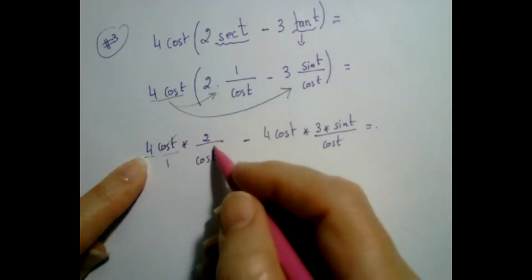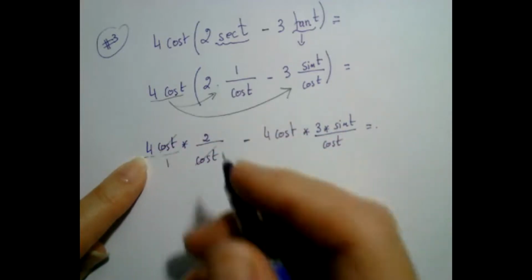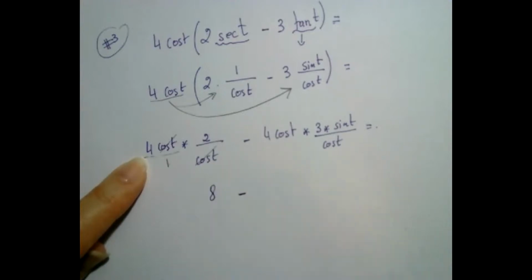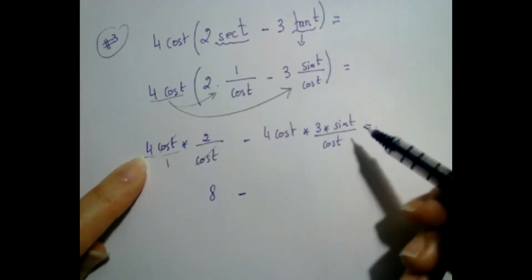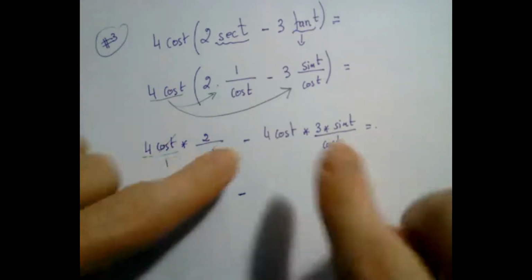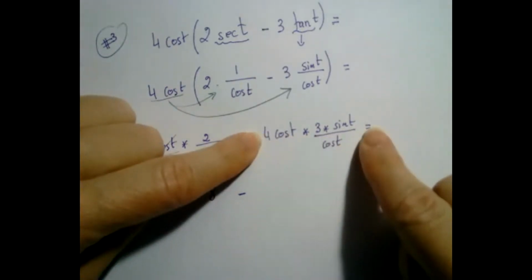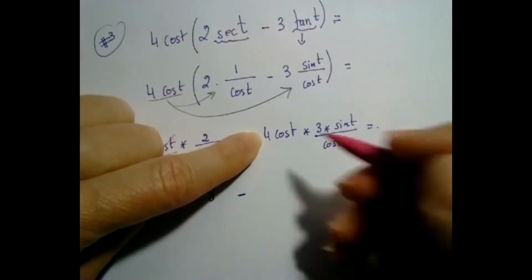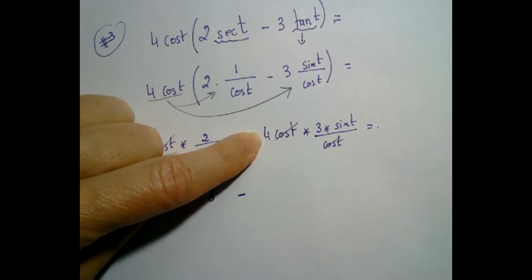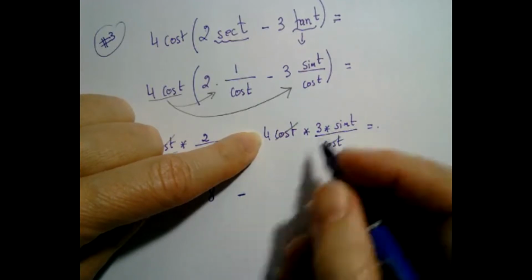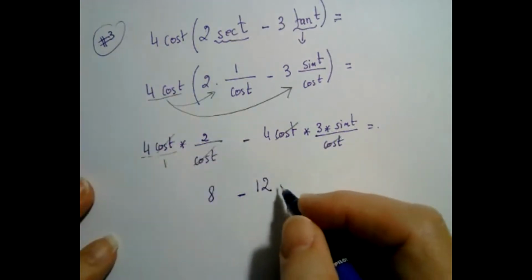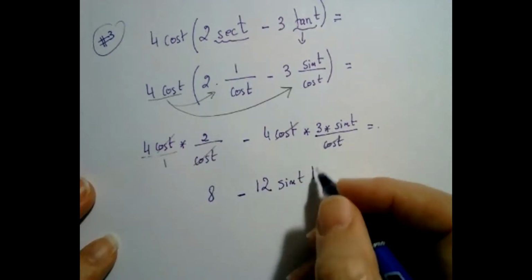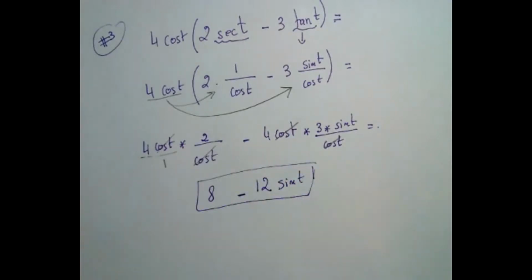And the cosine is a common factor here and here. So this will give me an 8. Done. Minus. What about this piece? We multiply across 4 times 3 times the sine divided by the cosine. Now the cosine, because it's a common factor, could go, and I will be left with 4 times 3, it's a 12, times the sine of t. End of the problem.